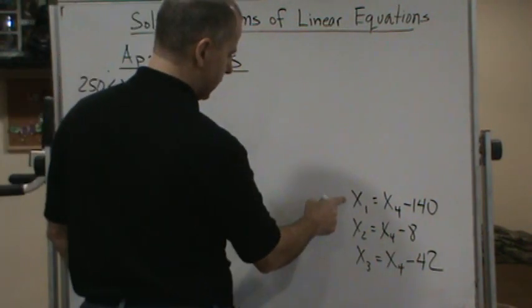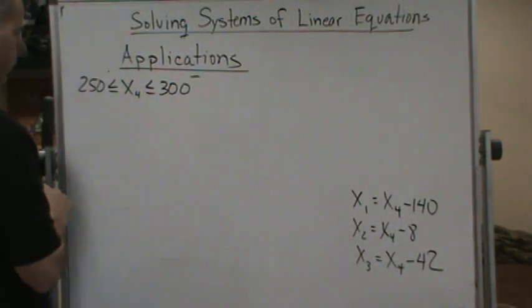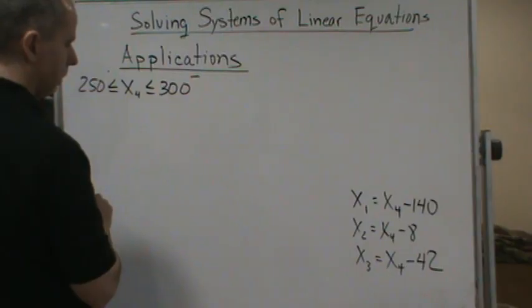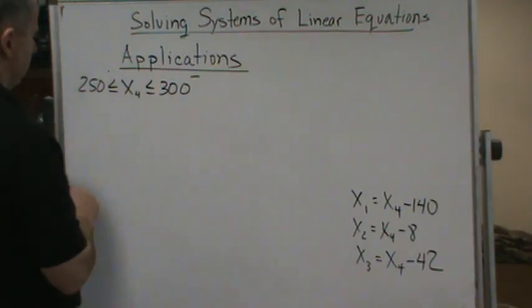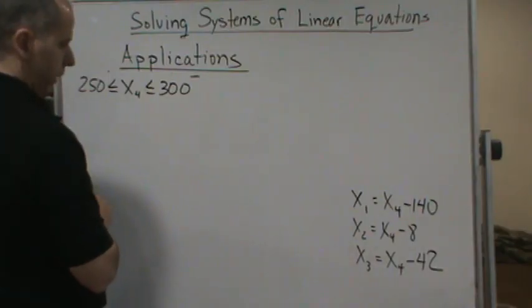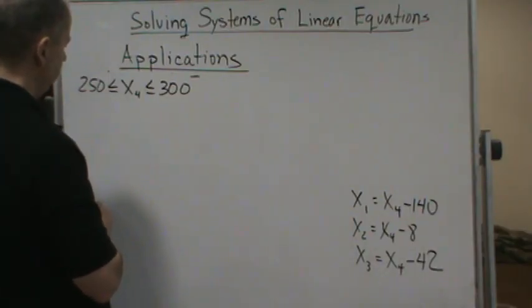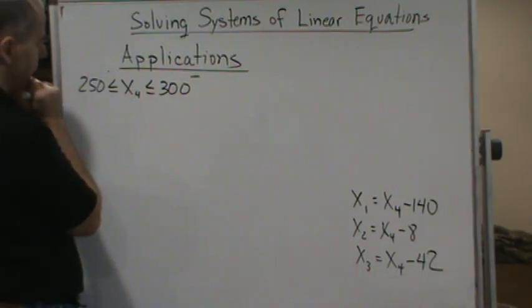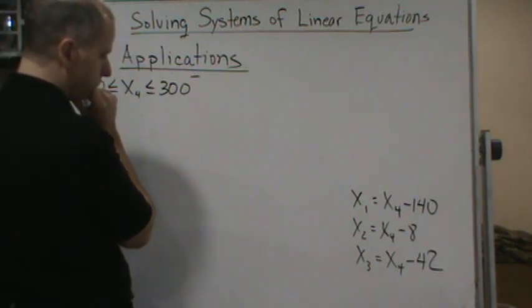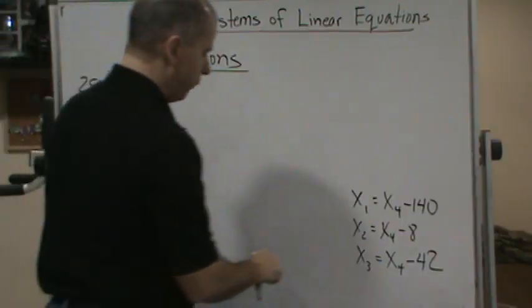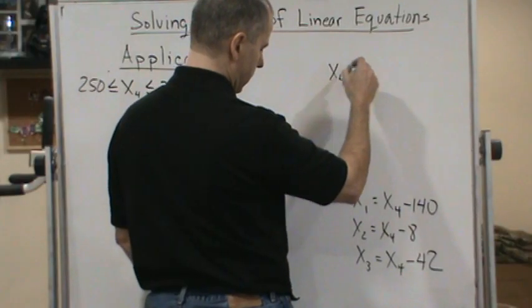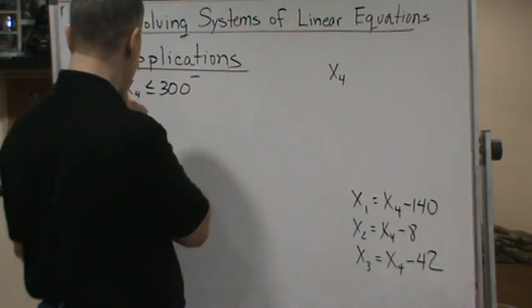So again, remember this was X1 minus X4. What's the best way to do this? Okay, if we solve these for X4, how do I want to do this?